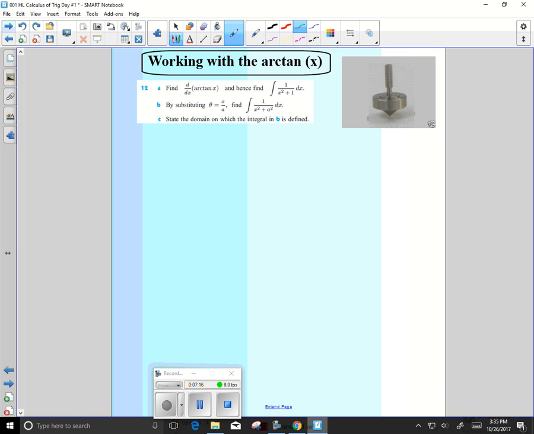But another common one is the antiderivative of 1 over x squared plus 1, which is the arc tangent of x plus c. Now this one occurs more than any of the other ones, arc sine, arc secant, and you definitely want to memorize this one. For the arc tangent, I'm not going to derive it.